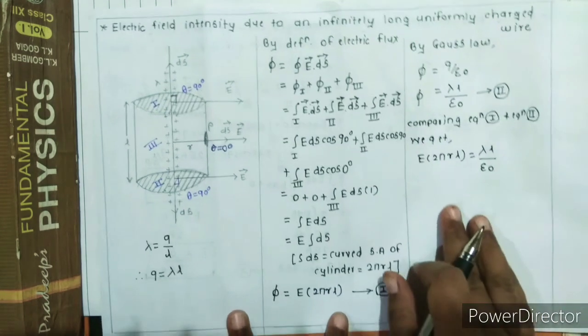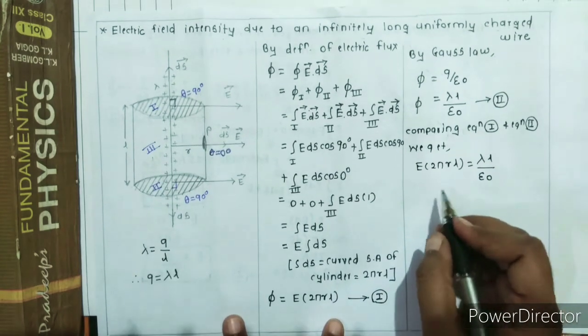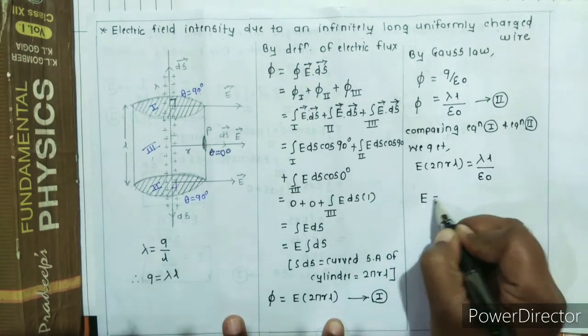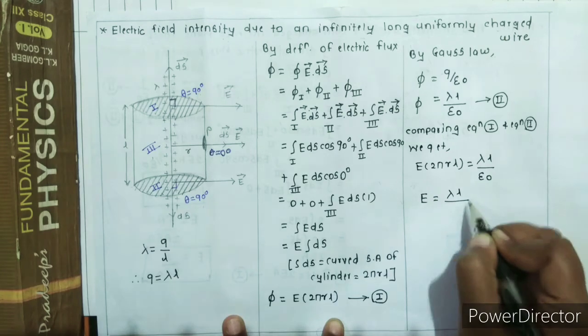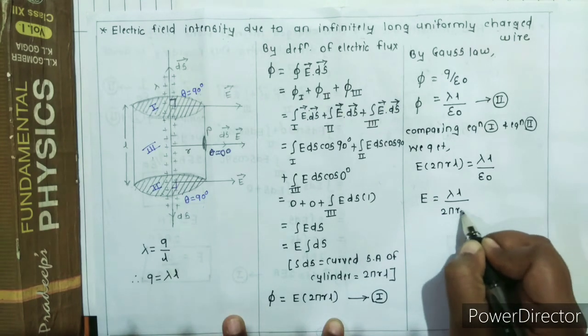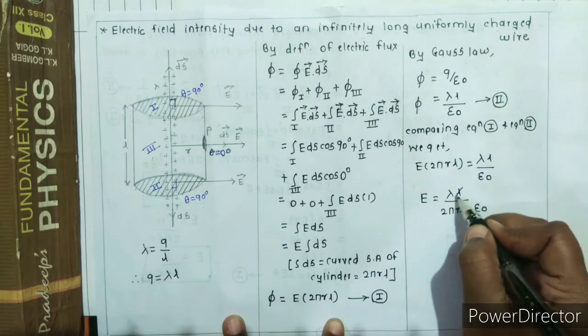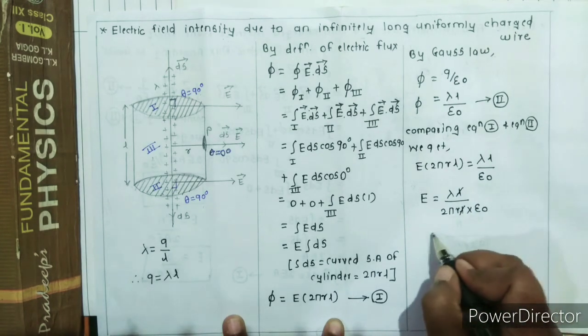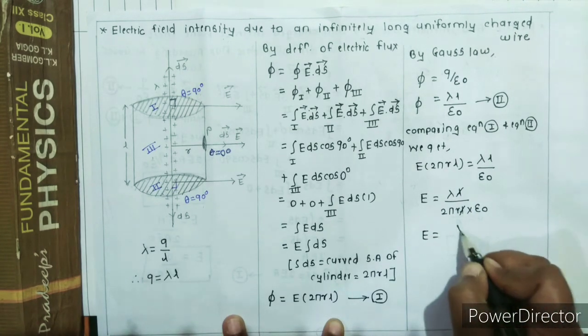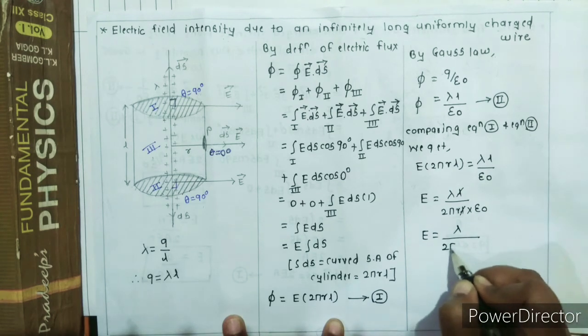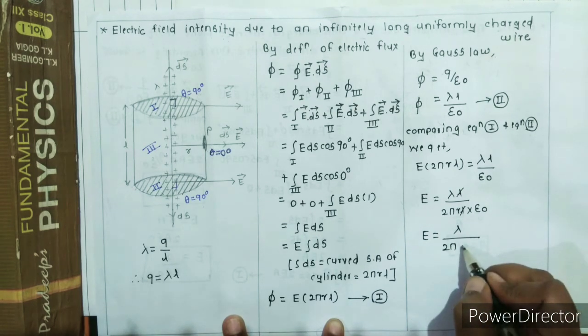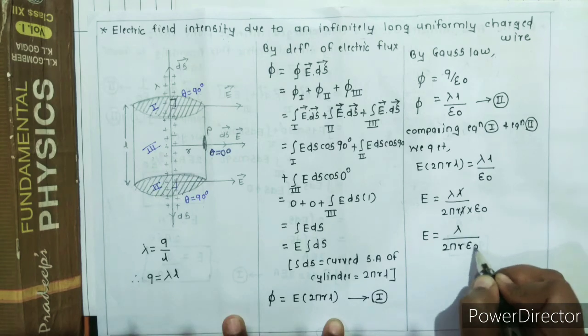Now modify this equation for E. E is equal to what? Lambda L upon 2 pi r L into epsilon 0. L L get cancelled. I get E is equal to lambda upon 2 pi r epsilon 0.